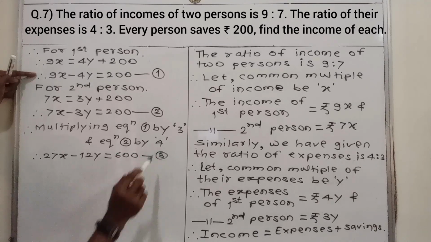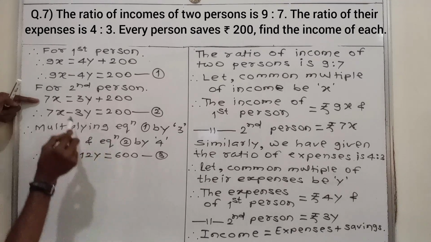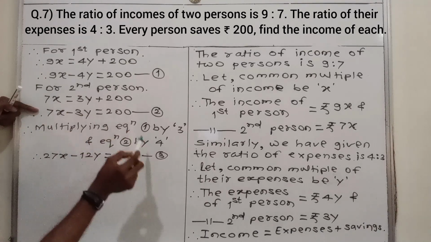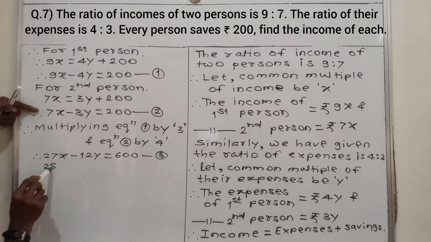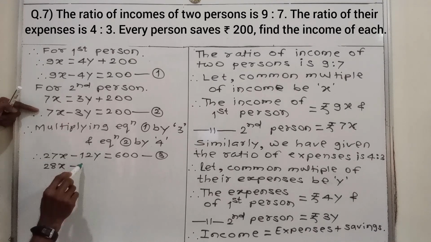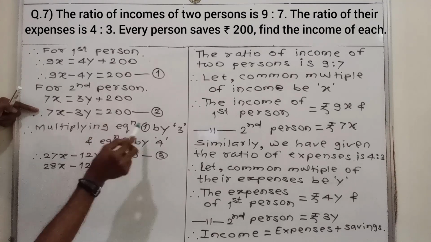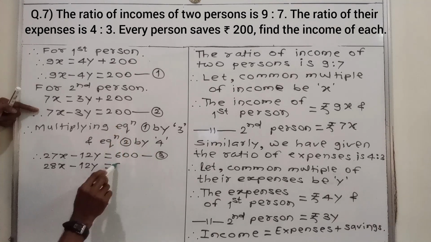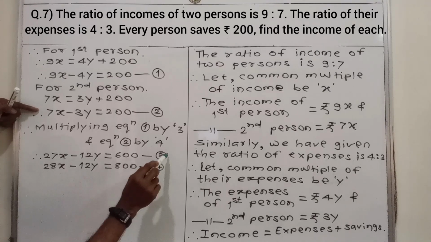This is our new equation number 3. Now we multiply equation 2 by 4. See here, 7 into 4, 28x minus 12y is equal to 4 into 200, 800. Did you get it?